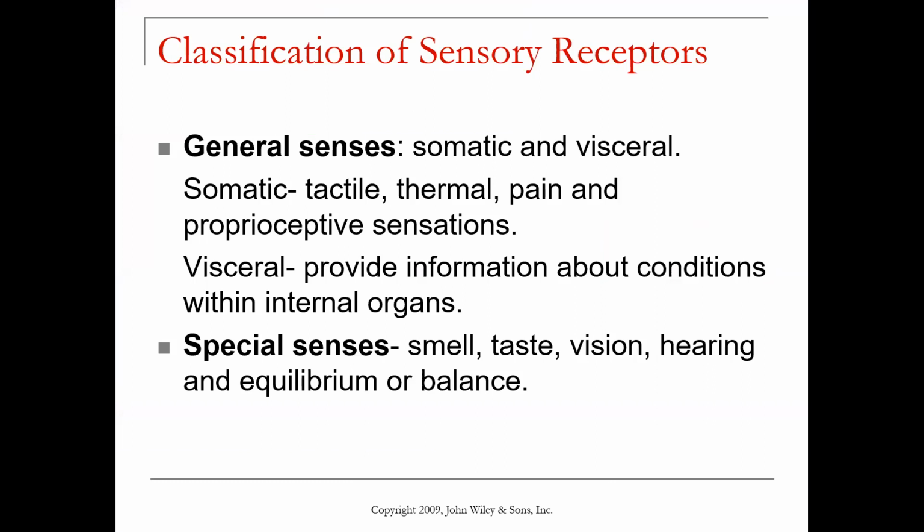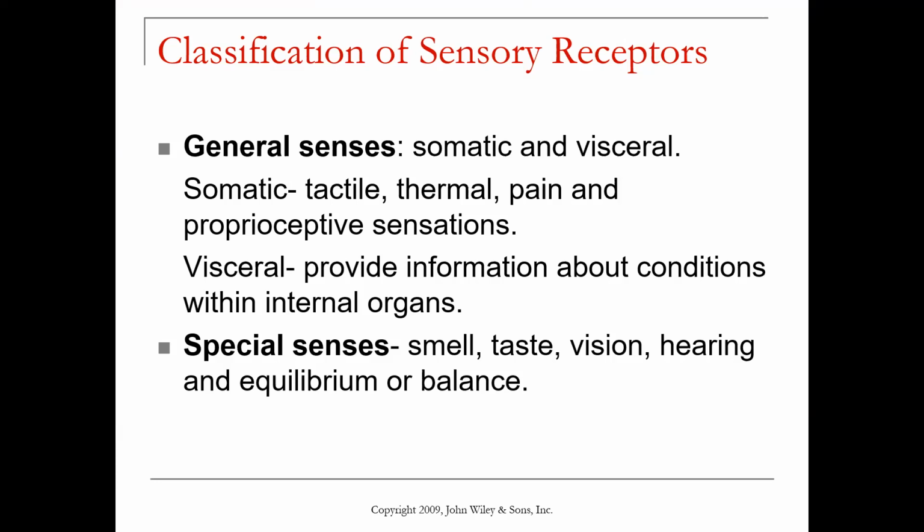Now, the sensory receptors are classified under two categories. They're either the general senses or the special senses. The general senses can be somatic, meaning they're on the surface, or they are visceral, meaning they're internal, around the viscera, the internal organs.